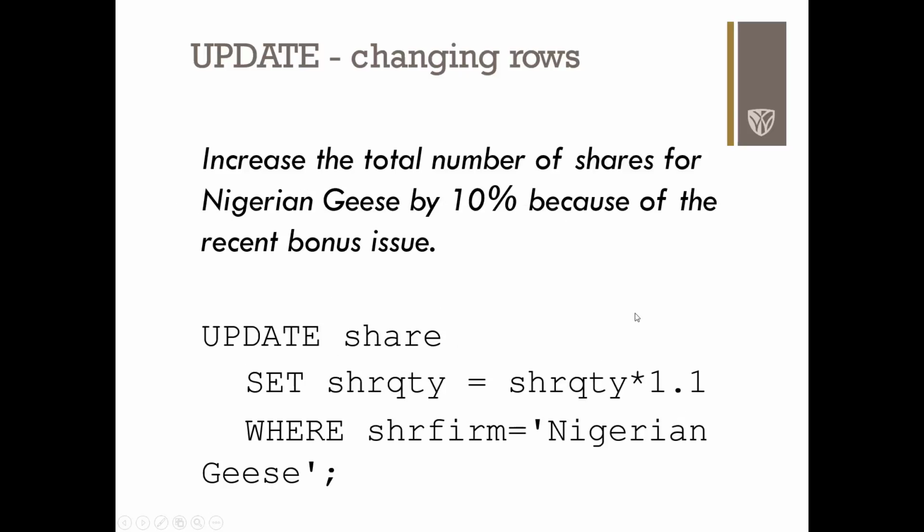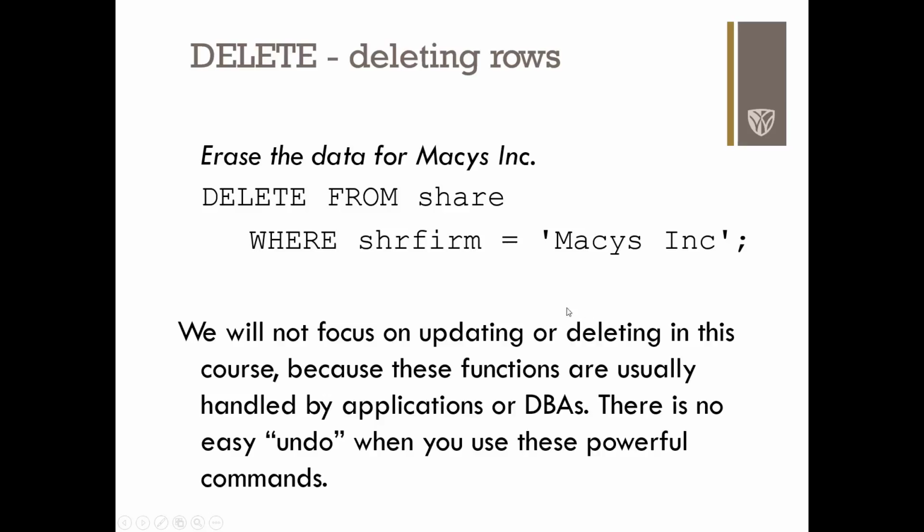Similarly, let's say we wanted to change the number of shares that are outstanding for Nigerian geese. Once again, we can use the update command. So update share, we're going to set share quantity to equal share quantity times 1.1, where share firm equals Nigerian geese.